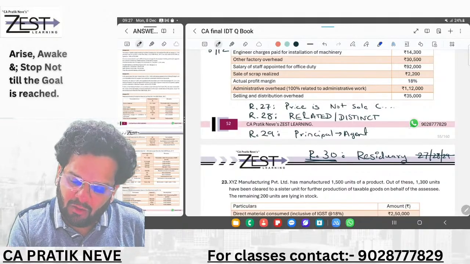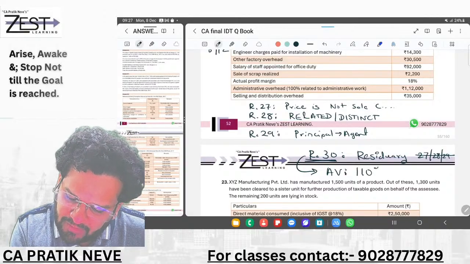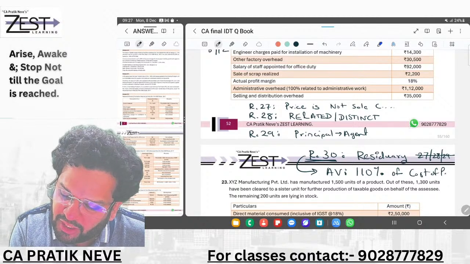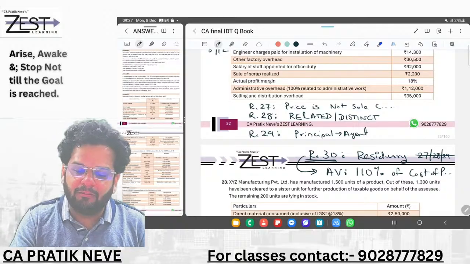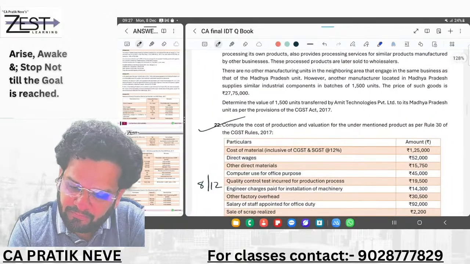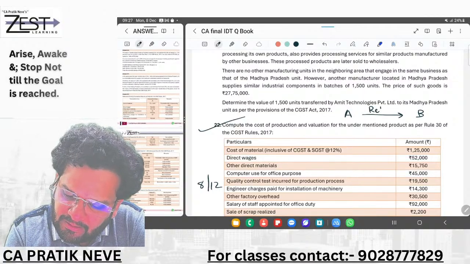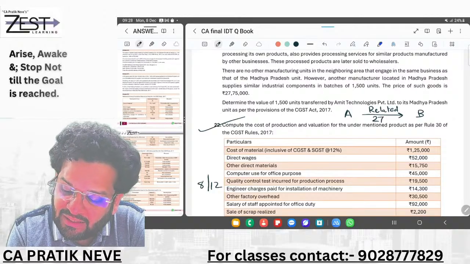In 30, what you are supposed to do, you are supposed to take assessable value as 110% of cost of production or cost of services. Meaning to say, assume A has supplied goods to B, both are related, but you couldn't apply 28.